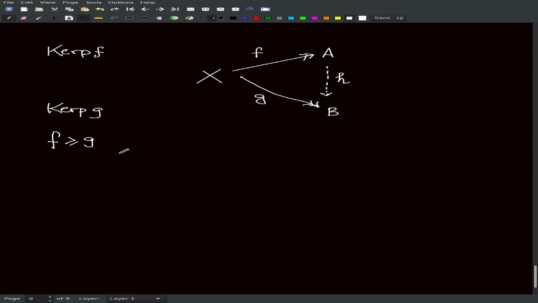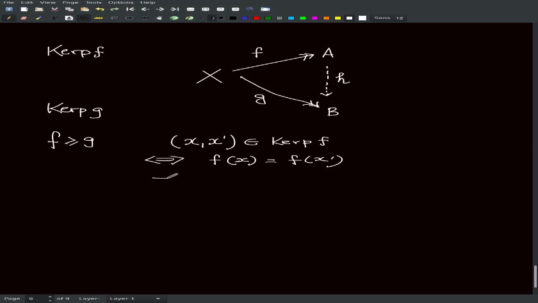So suppose x and x prime belong to the kernel pair of F. This is exactly saying F of x is equal to F of x prime.